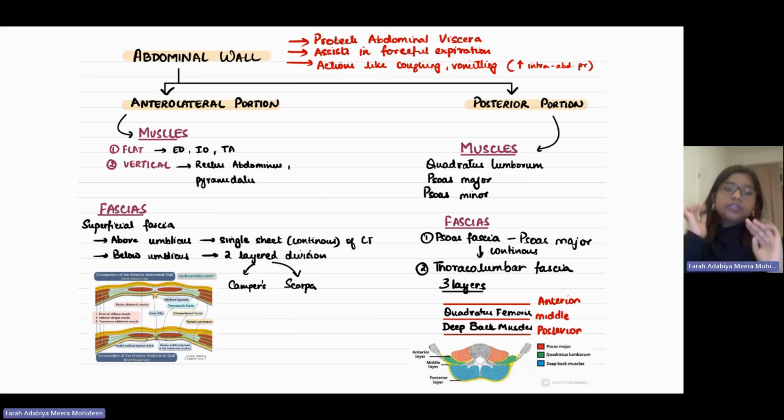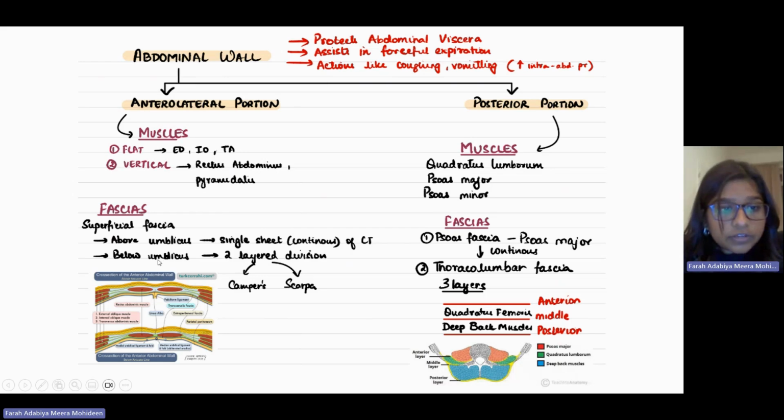There's the superficial fascia in the anterolateral portion of the abdominal wall. Above the umbilicus, it's just a single sheet, a continuous form of connective tissue. But below the umbilicus, it is divided into 2 layers, which are Camper's and Scarpa's.